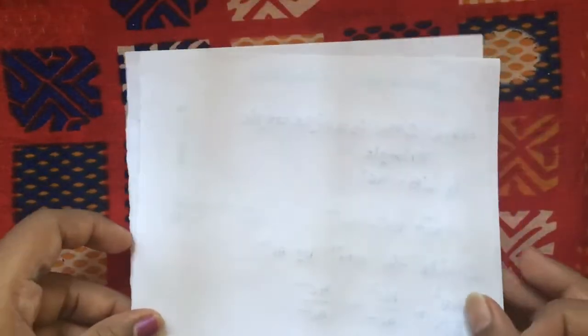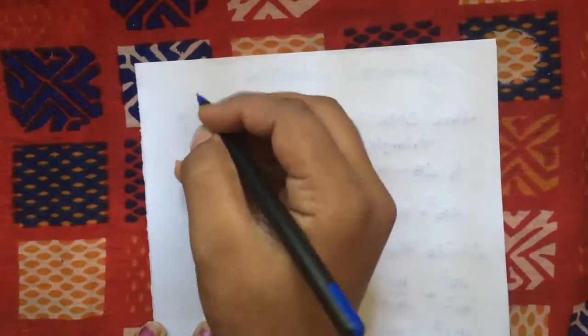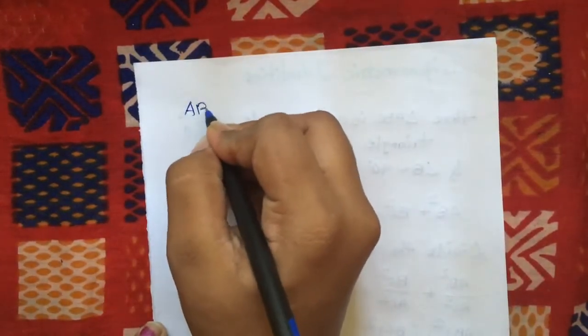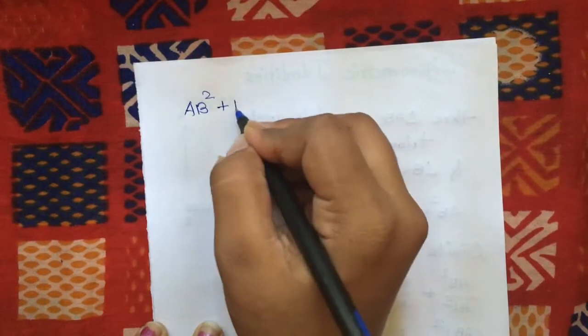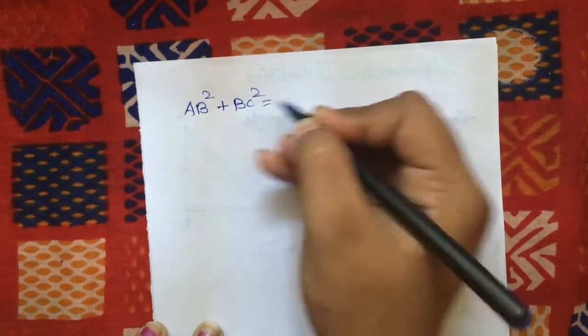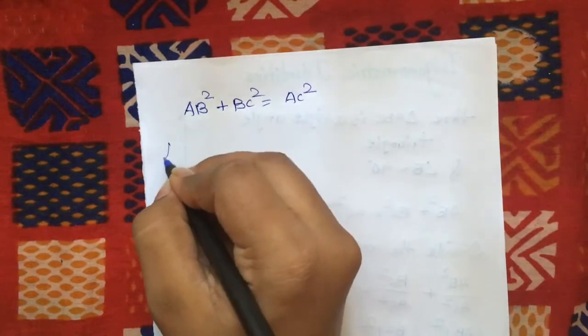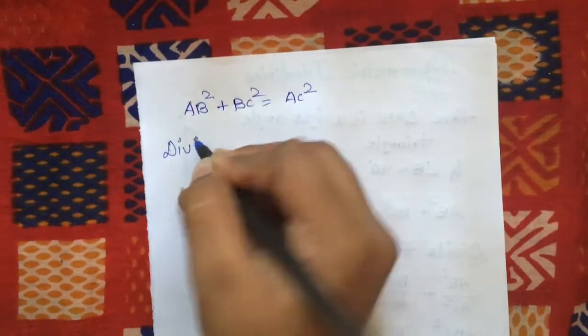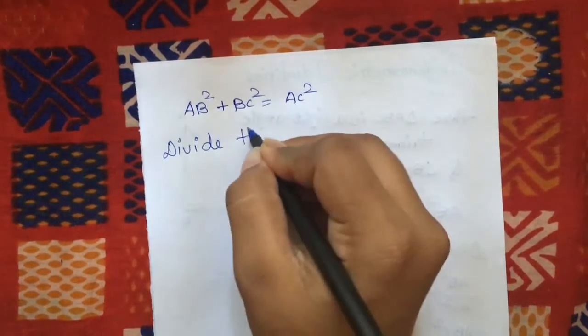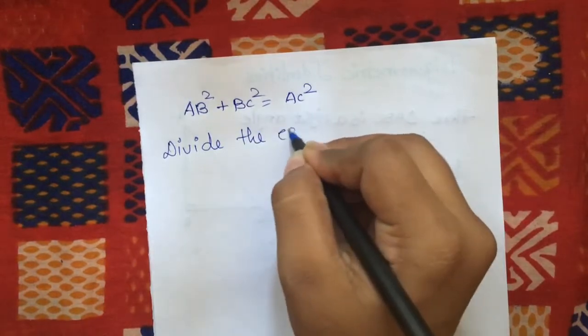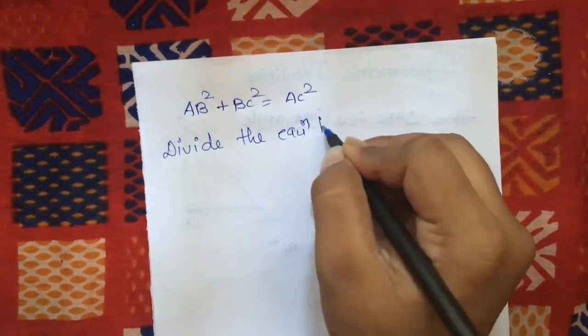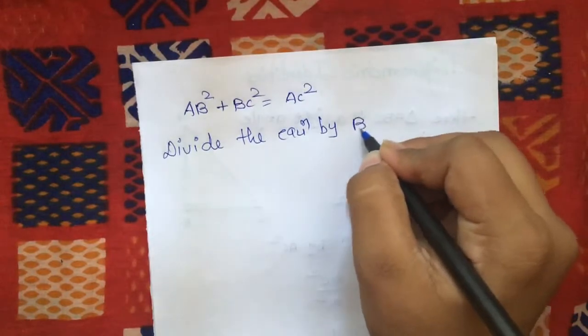Now let's take the Pythagoras theorem again, that is AB square plus BC square is equal to AC square. Now divide this equation by BC square.